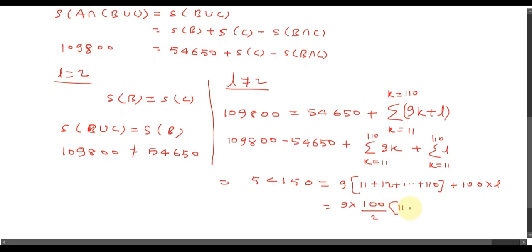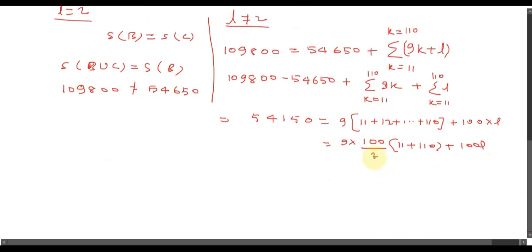The first term is 11 and the last element is 110, and this is equal to 100n. Dividing by 2, we will get here 50. So this is equal to 9 into 50 multiplied by 121 plus 100L. This is equal to 55150.